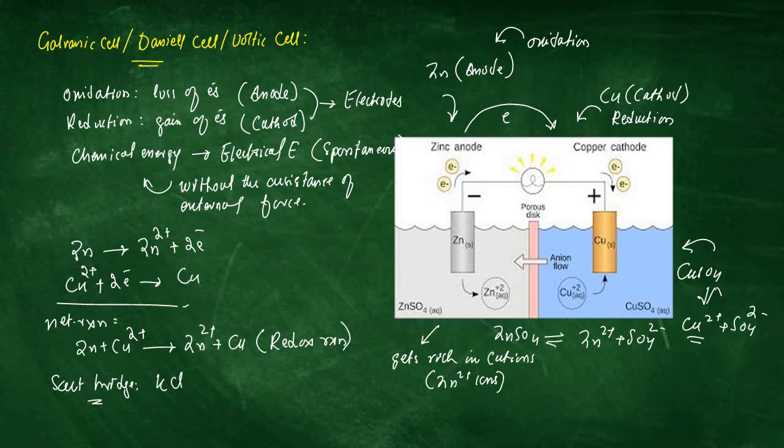So here we can check out how a chemical change helps in the production of electricity. So this is all about the galvanic cell. If the two cells are not connected via a salt bridge, then the buildup of cation in the anode and cathode compartments respectively will prevent the cell from operating.